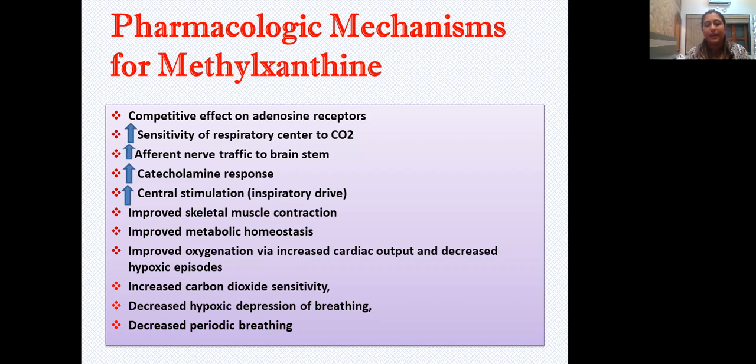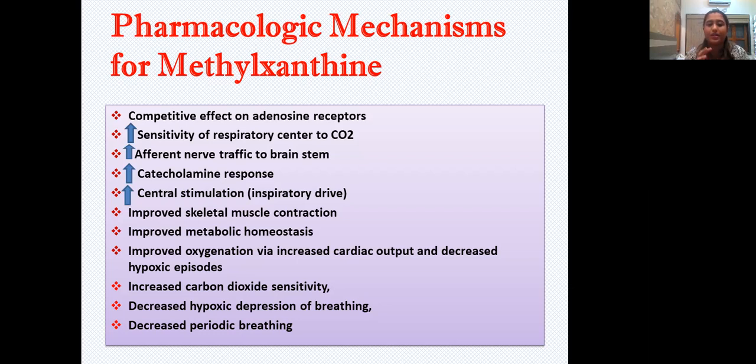Then it increases the sensitivity of the respiratory center to carbon dioxide, because we know that in premature babies, the sensitivity is much lower. They are not sensitive to the high levels of CO2 and the high levels of H+. So methylxanthines are increasing the sensitivity of the respiratory center to carbon dioxide.